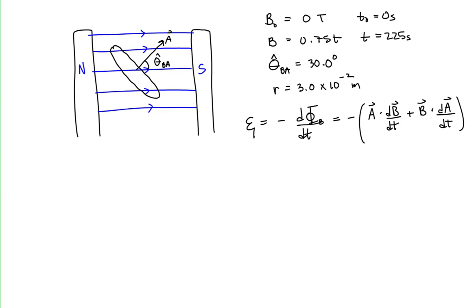Since this coil of wire has a constant radius, its area isn't changing. So this means that the EMF induced in this coil of wire due to the rate of change of magnetic flux is given based off of the rate of change of the magnetic field. And our goal is to calculate the magnitude of this induced EMF.